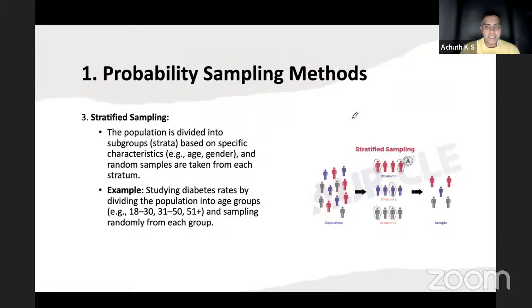Again, stratified sampling. Okay. First, you take the group of people, you divide them into different groups based on particular criteria. You can take occupation, you can take gender, you can take age group of 1 to 10, 10 to 20, 20 to 30. Then you take a sample from that group.